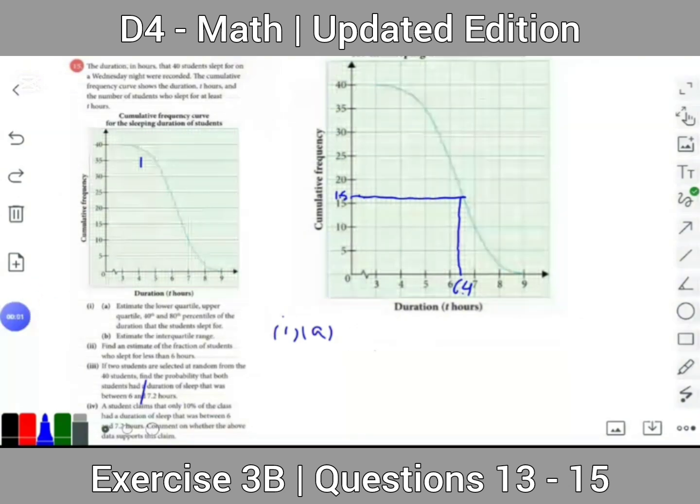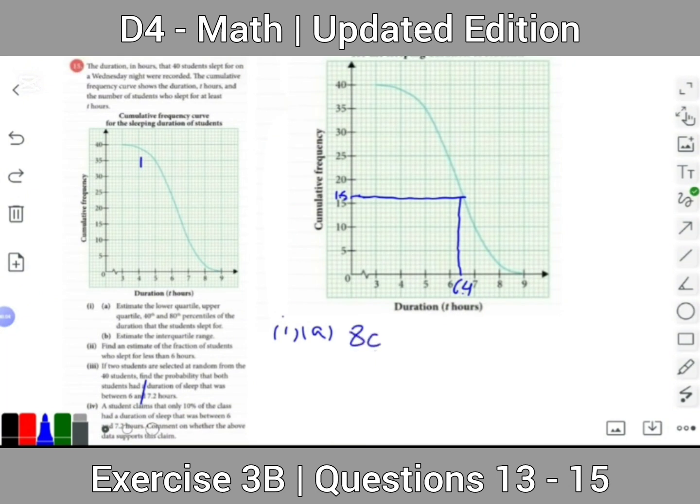Now to find the 80th percentile, we will find 80% of the total frequency n. So here we have 80 over 100 multiplied by 40, and it will give us the value 32. Now we will look at the data value corresponding to the cumulative frequency of 32. So we have 32 somewhere here. We will draw a horizontal line until it touches the cumulative frequency curve.